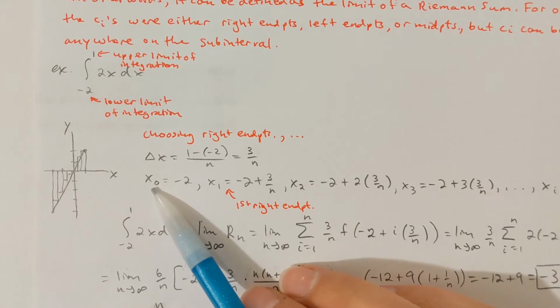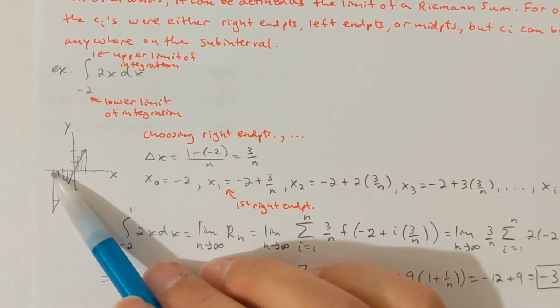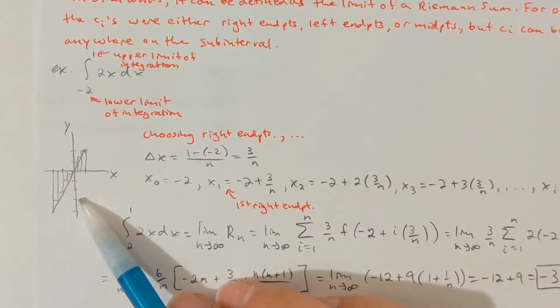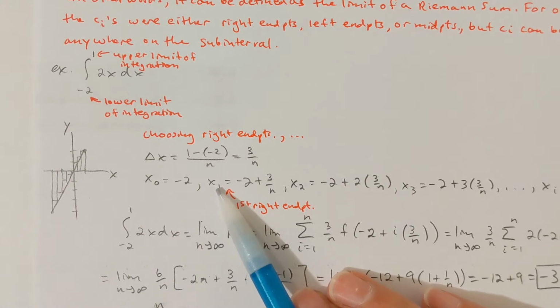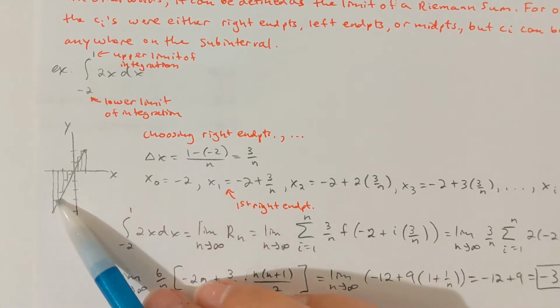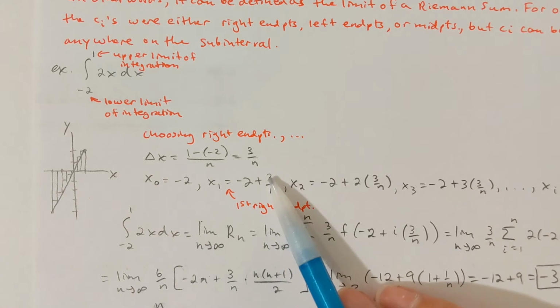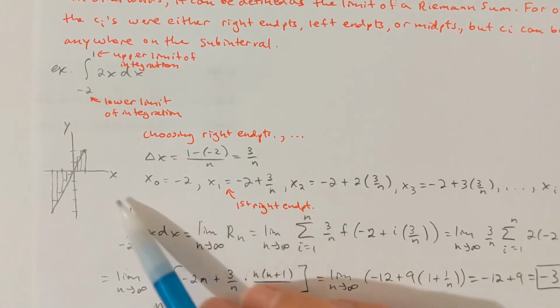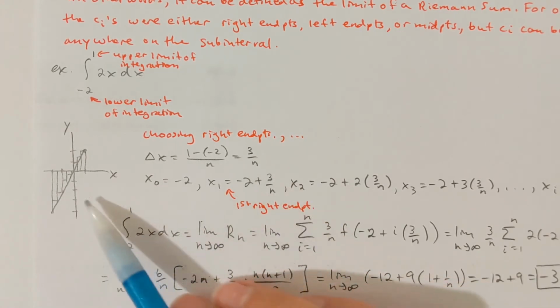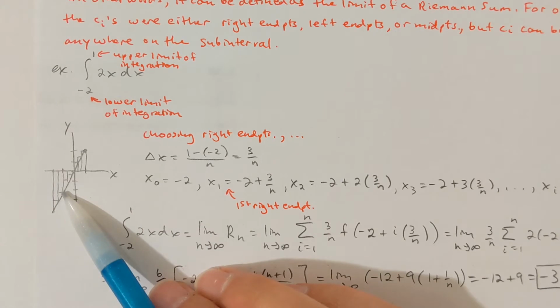X sub 0 is your start point, which for us is -2. And x sub 1 would be where the first right endpoint touches the line. So that's going to be at 1 increment of the width away from -2: -2 plus the width, 3 over n. X sub 2 would be where the next right endpoint touches the line.